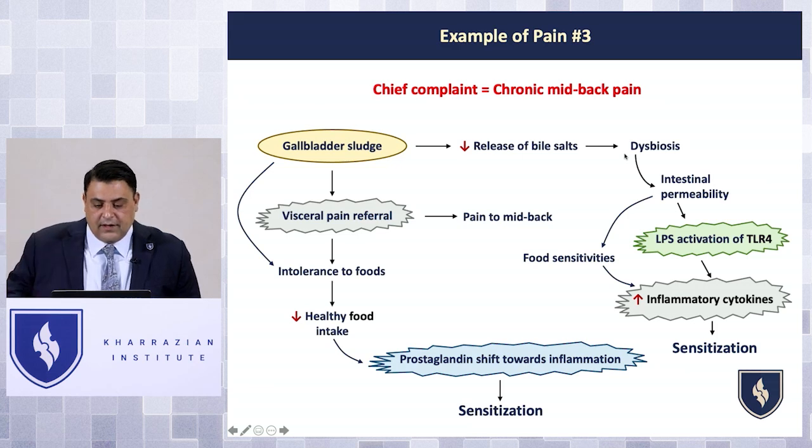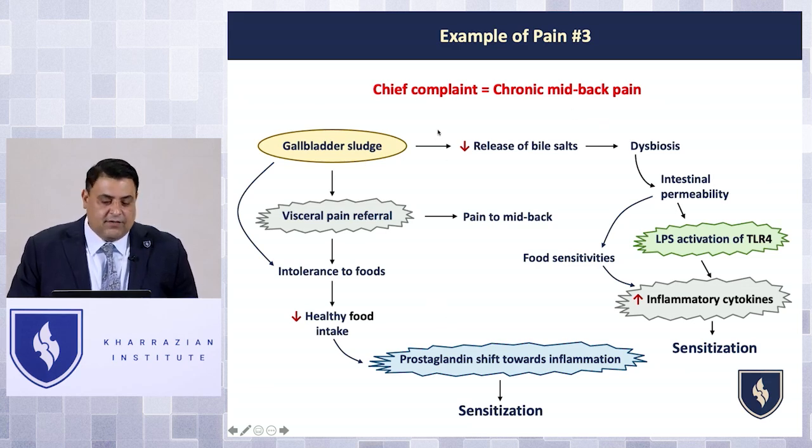different receptors in the gut, like TGR5 receptors in the gut and G-coupled proteins to modulate healthy microbiome diversity. And given that they have decreased bile salts, they have dysbiosis, they have permeability, that leads to LPS activation, endotoxemia as gram-negative bacteria release lipopolysaccharides from leaky gut, the multiple food sensitivities, and they have this chronic mid-back pain, but it's really due to visceral mechanisms and this sludge.